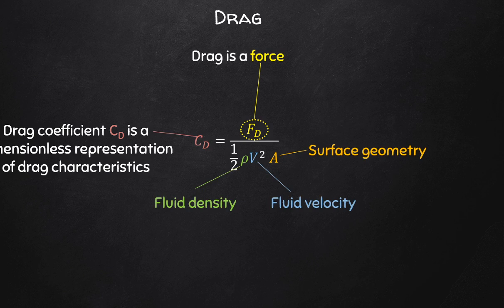Notice how the pressure drop in this equation is actually split into its two components, namely the drag force FD as well as the surface geometry A, and the remaining terms rho and V squared, divided by 2, are the dynamic pressure for the system.